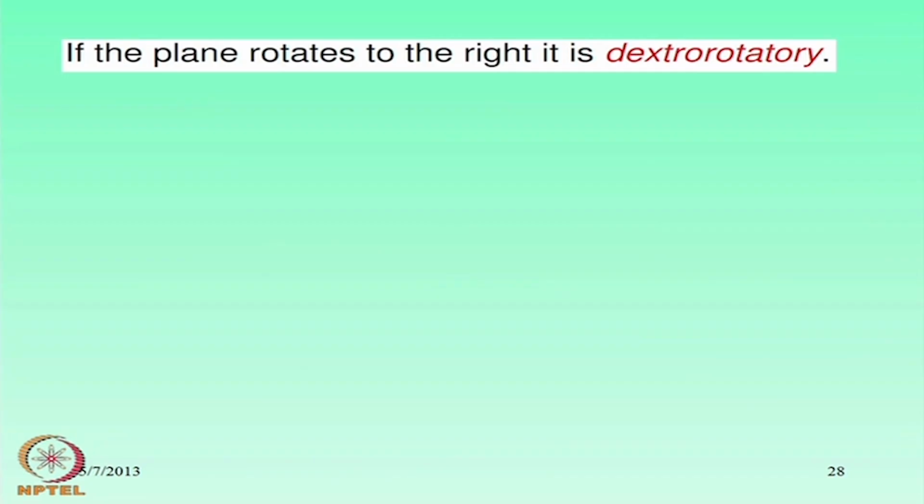If the plane rotates in the right-hand direction, we call the molecule a dextrorotatory compound, related to the direction of the rotation.